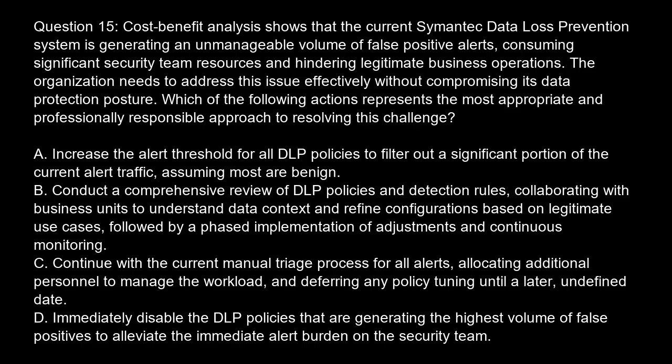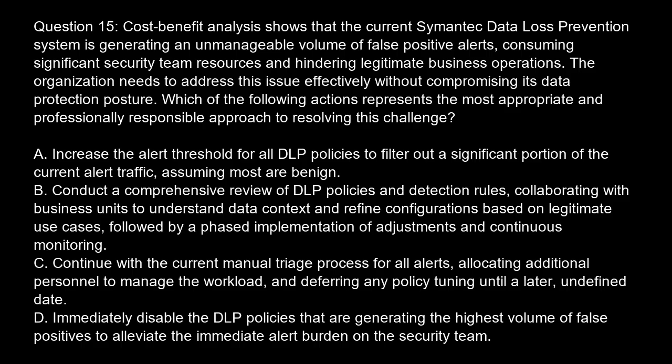Option A. Increase the alert threshold for all DLP policies to filter out a significant portion of the current alert traffic, assuming most are benign. Option B. Conduct a comprehensive review of DLP policies and detection rules, collaborating with business units to understand data context and refine configurations based on legitimate use cases, followed by a phased implementation of adjustments and continuous monitoring.